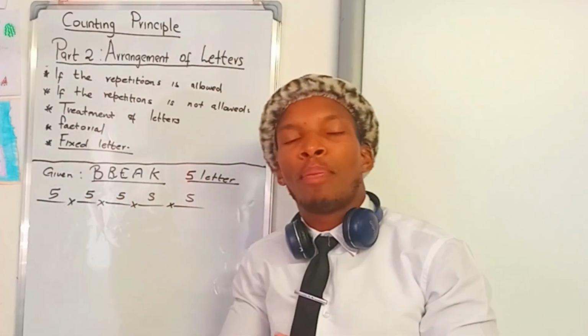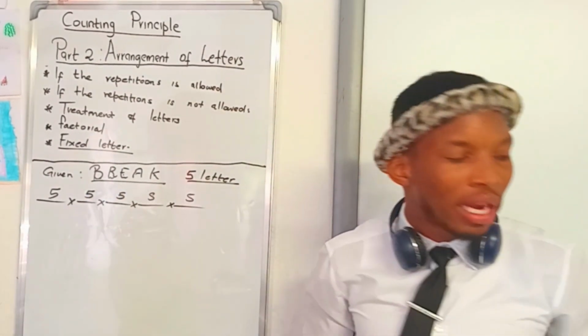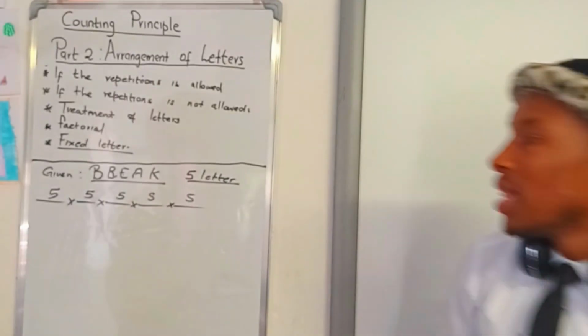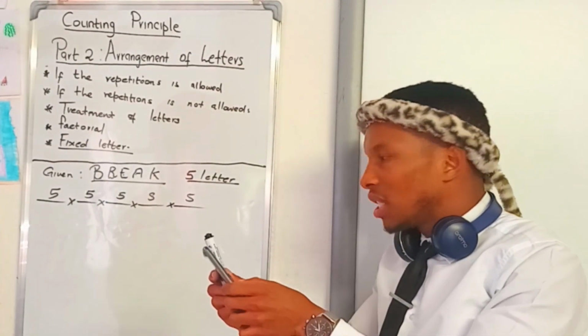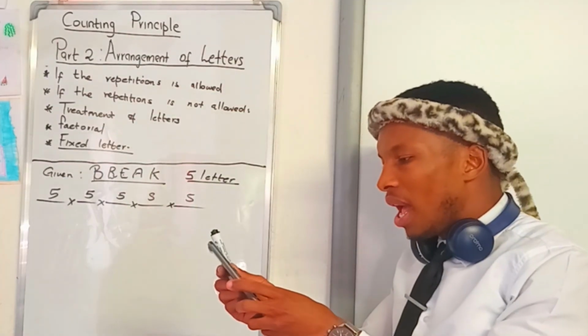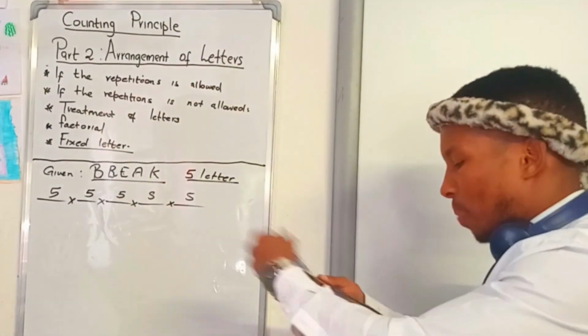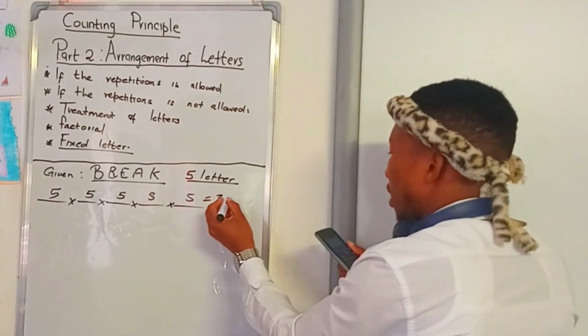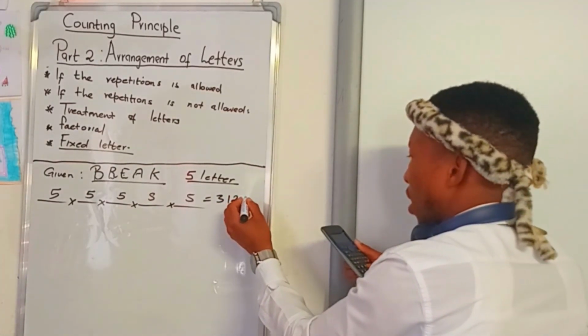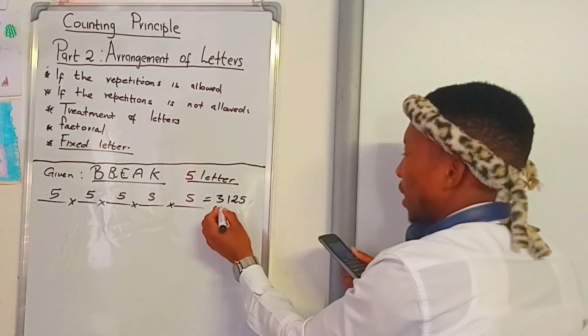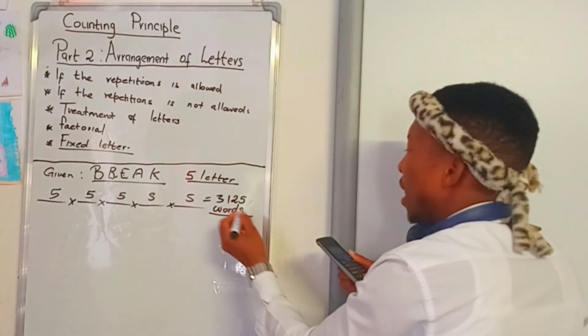The number that you put here on the event is going to remain the same. All right? Therefore, take your calculator. You multiply 5 times 5 times 5 times 5 times 5, which is equal to 3,125 word arrangements that are going to be created.